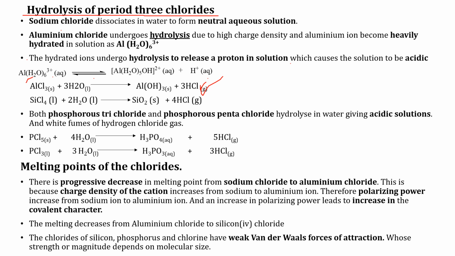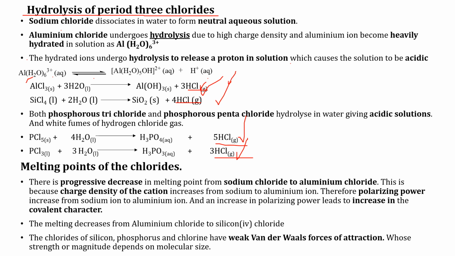Now we are saying both chlorides of sulfur or phosphorus hydrolyze in water to give us hydrogen chloride gas. I want you to notice that the chlorides that undergo reaction with water are all forming hydrogen chloride gas. So never forget that product.